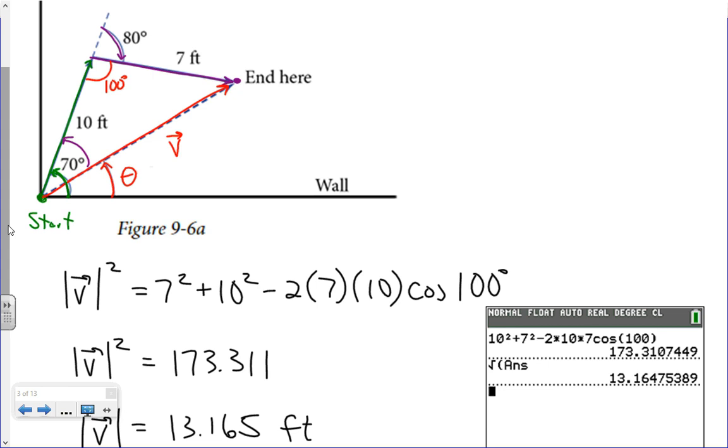If I take the 70 degrees, the full angle, and subtract off this theta, that will give me this angle right here. This is 70 minus theta. So I can use law of cosines again to find out what 70 minus theta would be equal to, and then I can solve that for theta to find out the direction of my vector. All right? So let's do that.